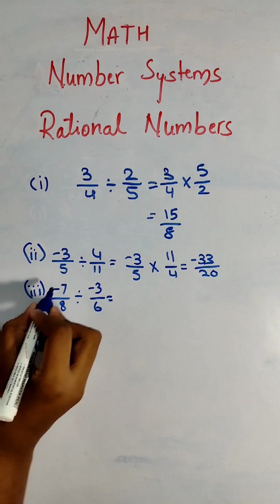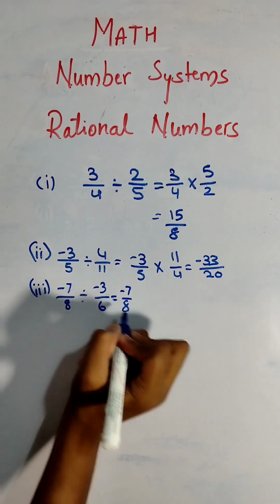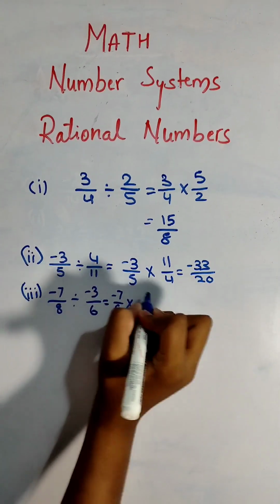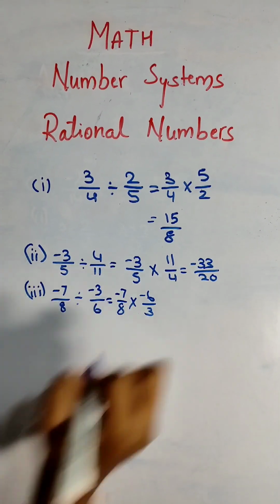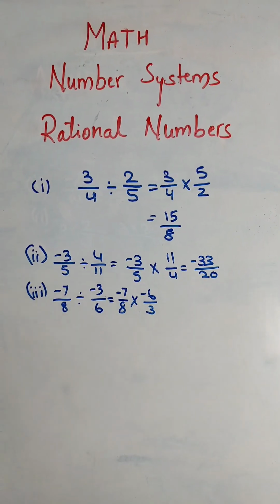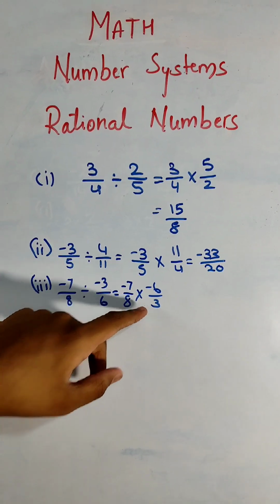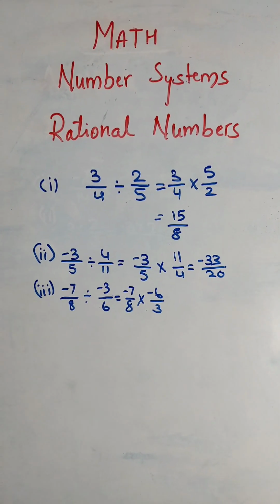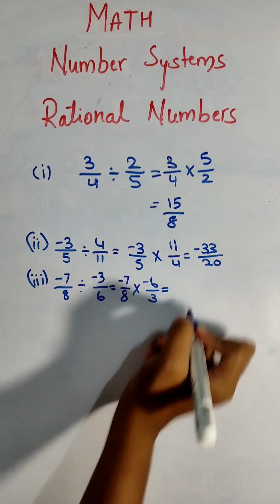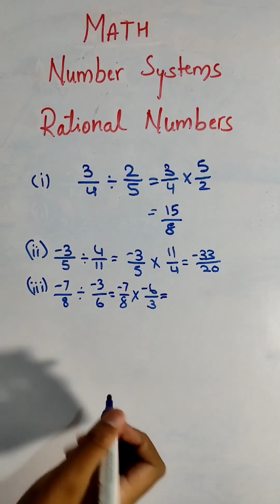So minus 7 by 8 will stay the same, into minus 6 by 3, because to make it a normal fraction, you have to take the minus sign up. So the minus sign which was on 3 will go to 6. The value does not change. Equal to, so minus into minus equal to plus.